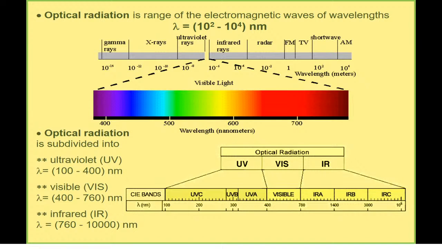Optical radiation is subdivided into ultraviolet range, visible, and infrared. You can see what are wavelengths diapasons for these three optical radiation ranges.